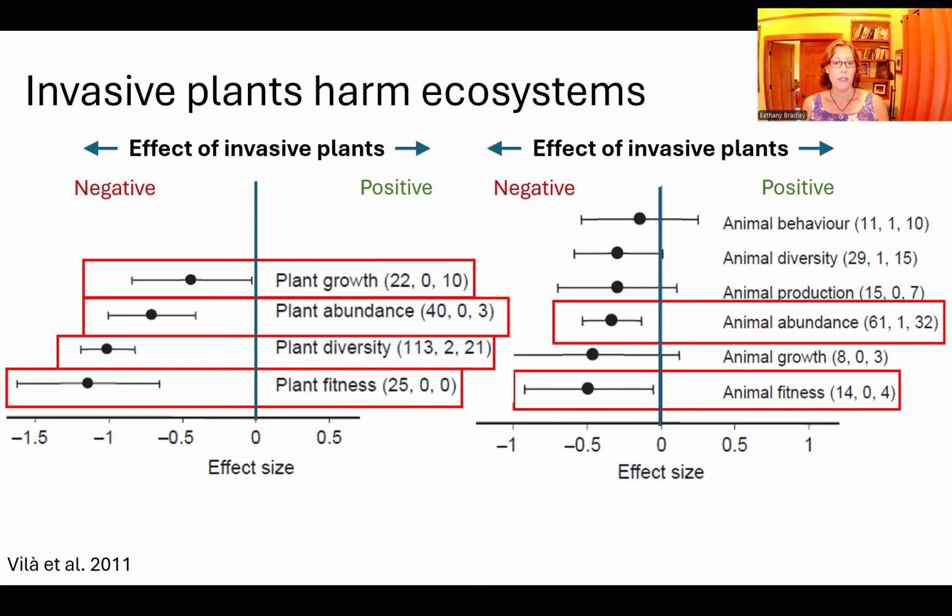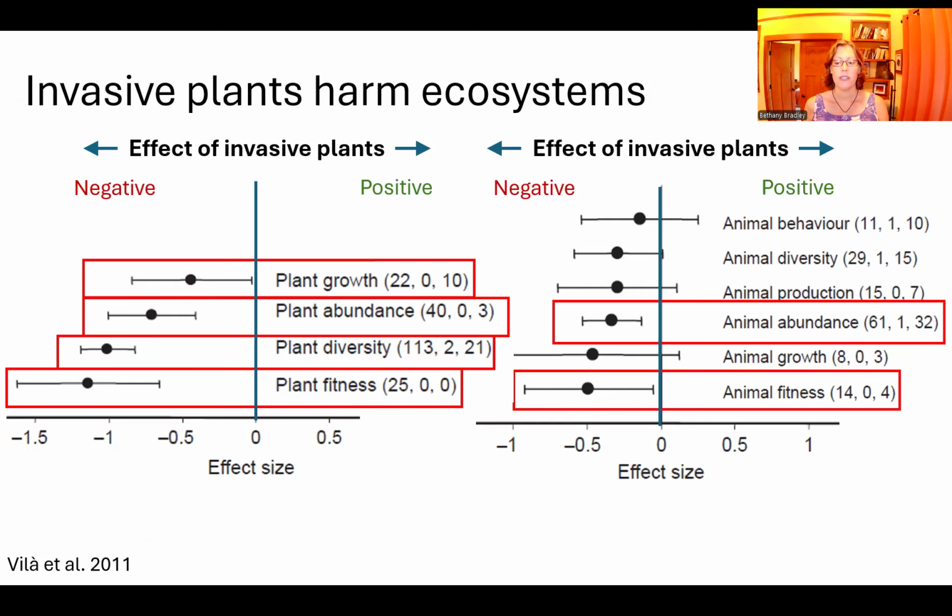The numbers after each of those categories refer to the number of studies. So negative, 0, and positive effects of invasive plants are lined up there. And you can see that those also strongly skew towards negative impacts of invasive plants.